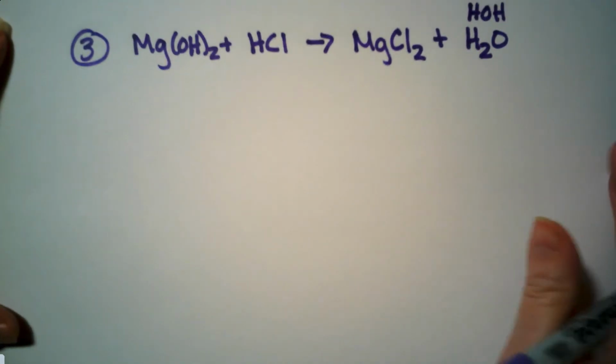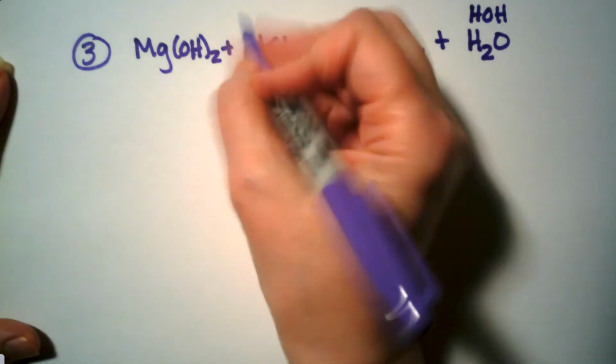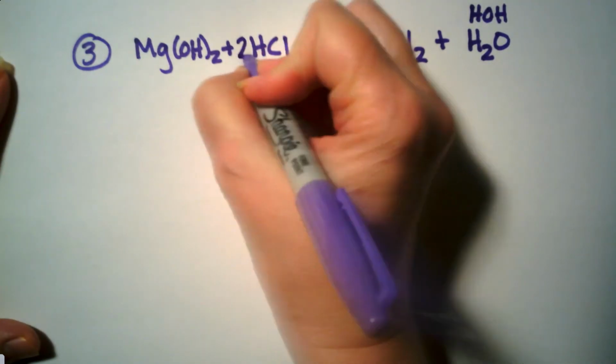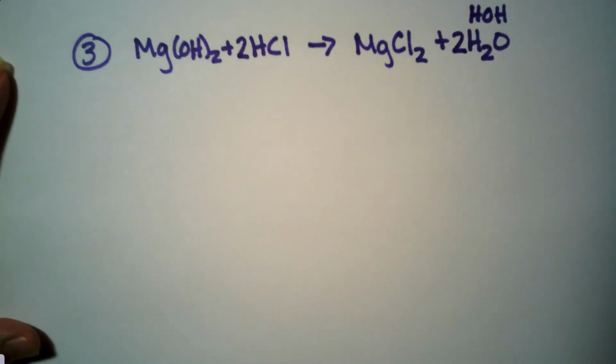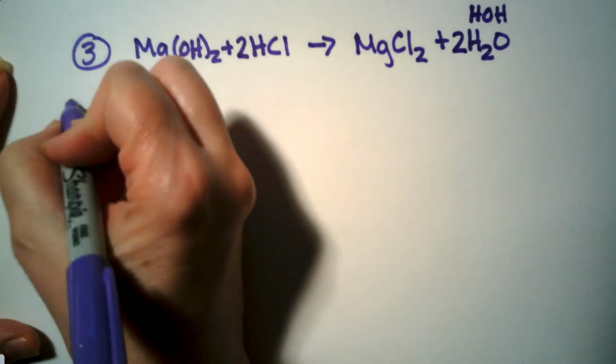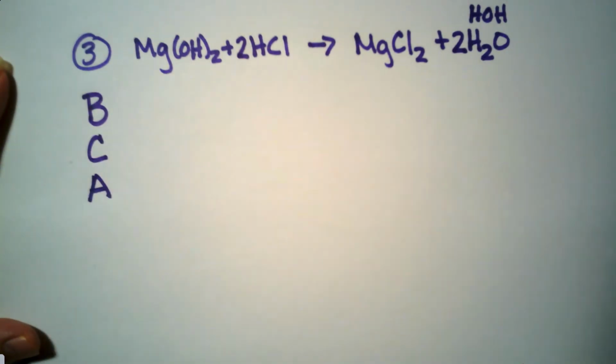It depends on where you stand with your balancing as to whether you need to do that or not. All right, when I balance this out, that's going to get a 2, and this is going to get a 2. Okay, so we're going to make our BCA table and look at what info we are given.